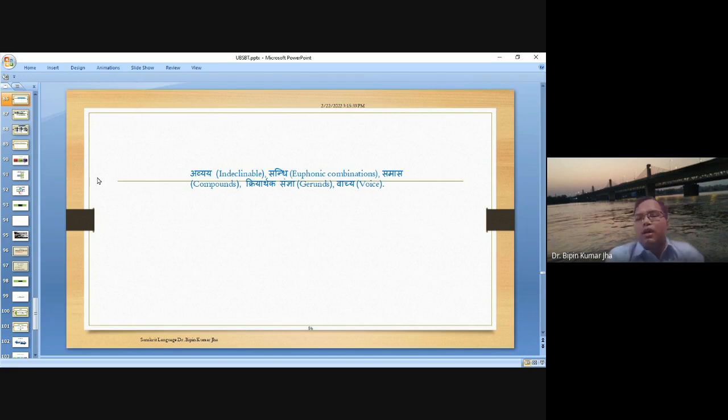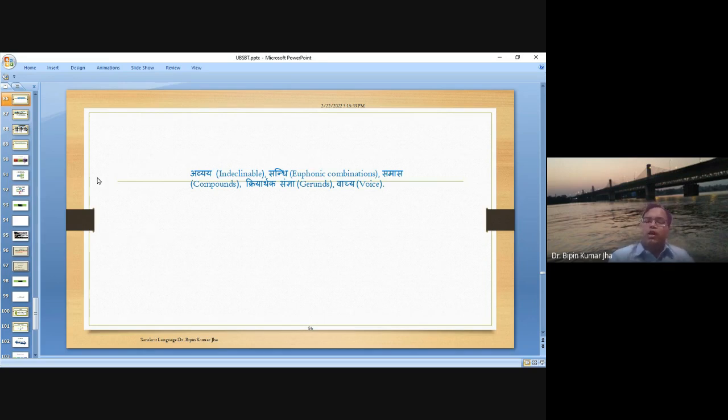So this is the very interesting thing, or you can say that magical thing, that by different types of prefixes we can create n number of verbs, n number of verbal forms, which will give different meanings.